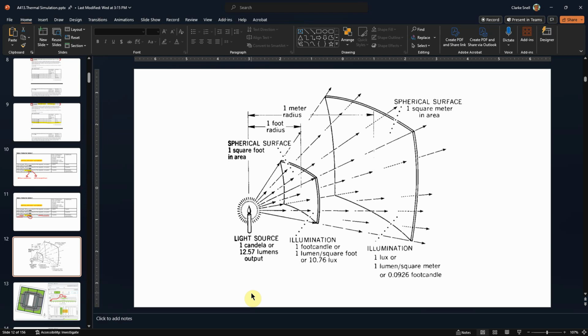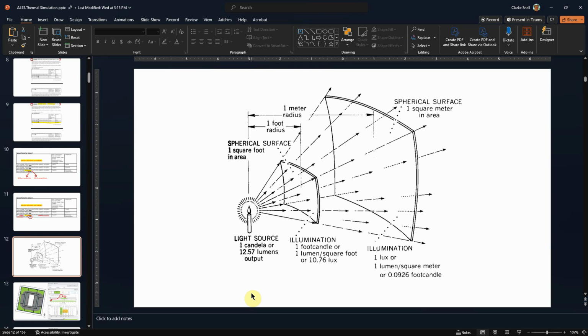So lumens is the full sphere coming off. If I'm talking about how much light is in a direction, meaning toward, for example, a work surface, that's candela. And if we go even a step further and say how much light is hitting a square meter of a work surface, that's 1 lux.